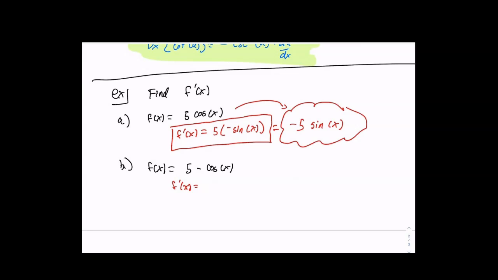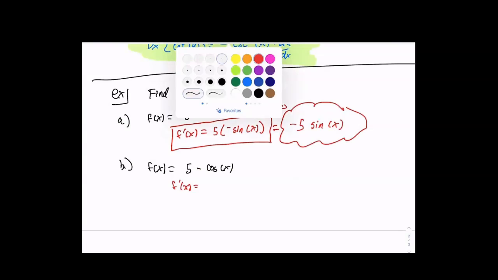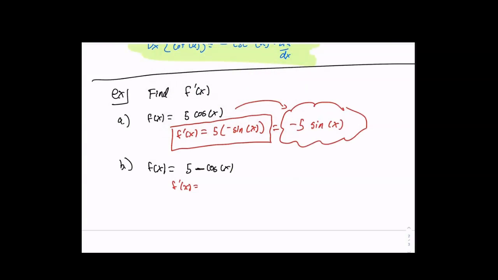Does the minus sign make the derivative positive? Correct, so it's a negative. So it would be 5 times. Nope, no times. There's no times. This is 5 minus. Oh, plus. So yes, it's going to be plus what? Sine of x. And in reality, we don't even need that plus symbol.